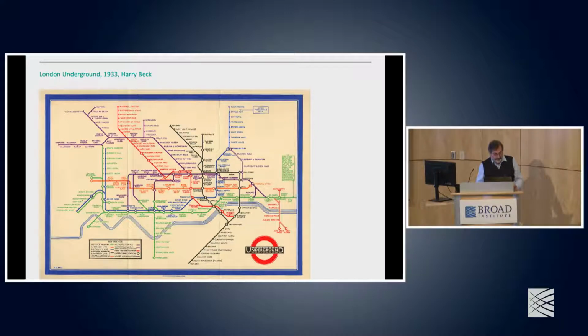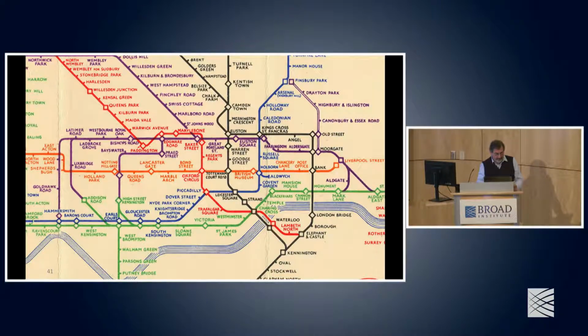Beck restricted the lines to a horizontal and a diagonal grid. This reduces the visual noise created by the many irregular curves and uneven spaces between the lines. As Joel Katz has pointed out, Beck's diagram was built around the appropriate unit of measure for this kind of diagram, the stop.